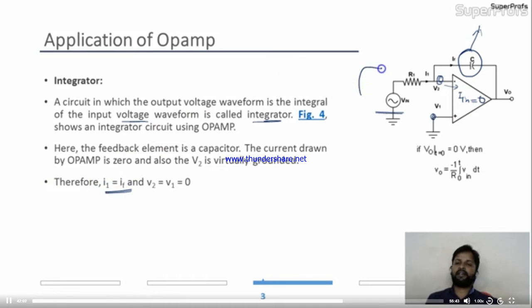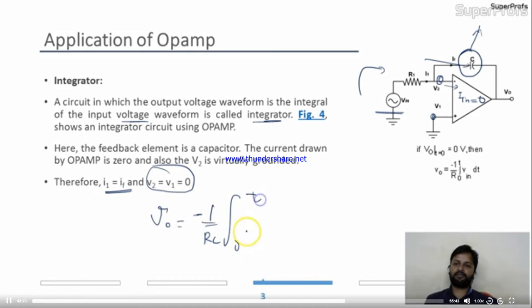This entire current now will go to the feedback circuit, and V2 equals V1 by the virtual ground concept, and that is equal to 0 also. So what is important is that for this circuit you will get V0 equal to minus 1 by RC, integral from 0 to T of Vin dt. Okay friends?